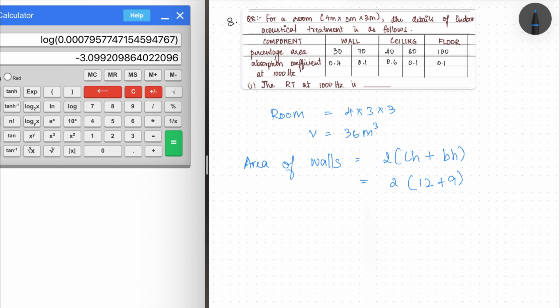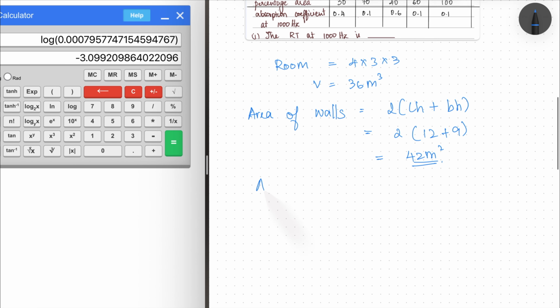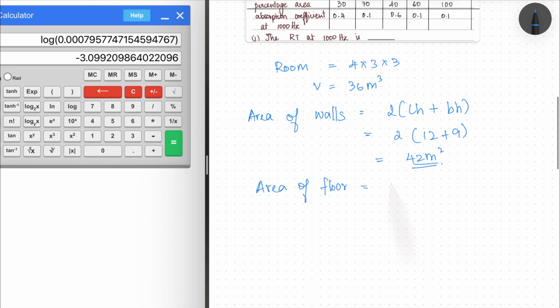So you'll get 42 square meter. Okay, then you'll find the area of the floor, which is 4 into 3, so 4 threes are 12, and that is the same as the area of ceiling, which is 12 square meter.